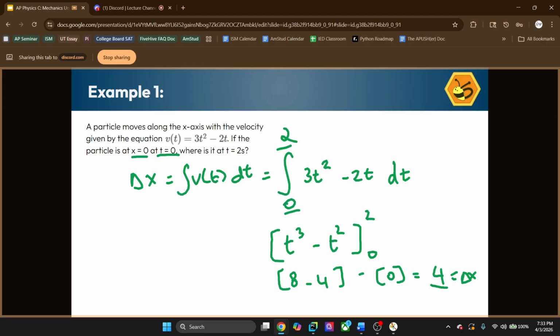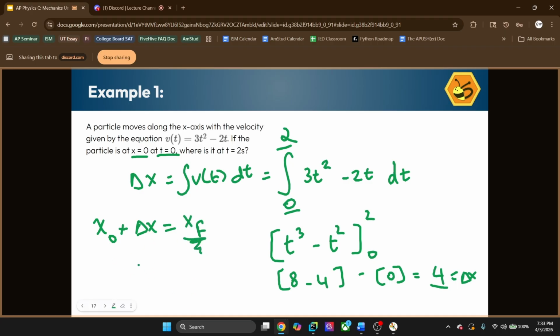But a lot of times, to make it harder, College Board might give you the initial x as maybe 3, right? So instead of just saying delta x is 4 and leaving that as the answer, we're going to have to say x naught plus delta x equals xf. And this is what we're trying to find out.